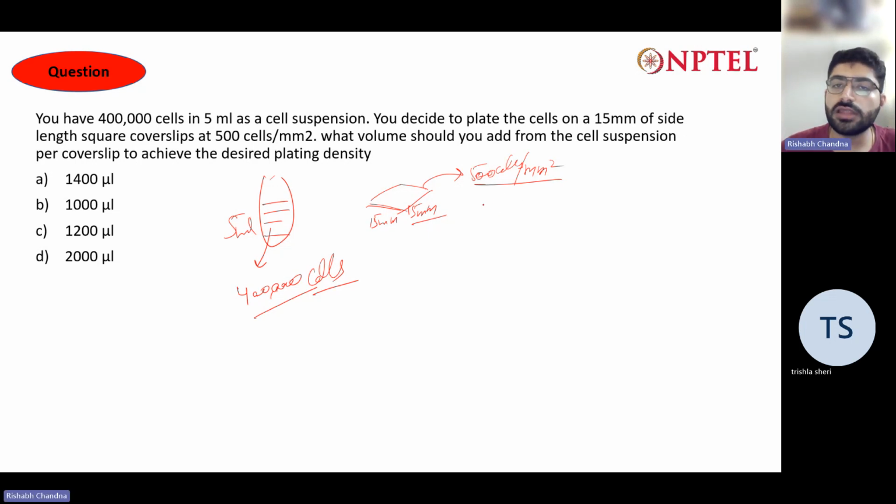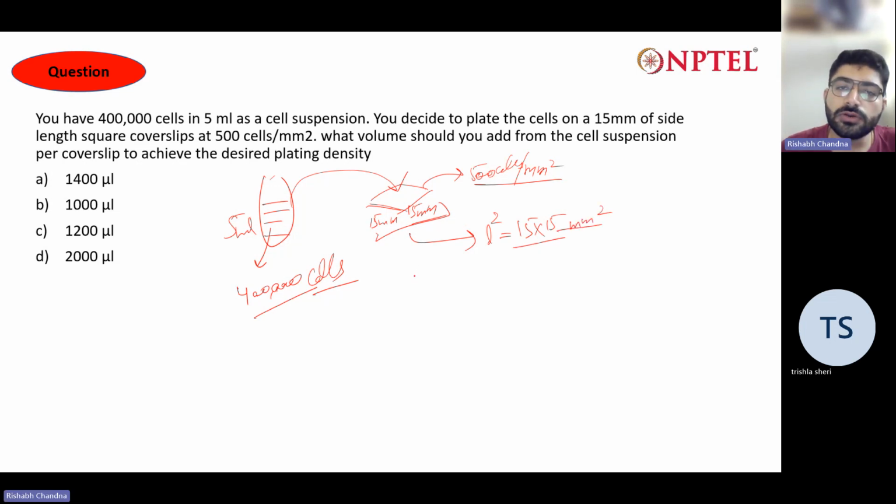So this is the scenario. From this, how can we calculate what volume of this suspension can be added to this particular cover slip? First we'll see how many cells we need in this particular area of the cover slip. The area of the cover slip, as it's a square cover slip, will be L square, so this is 15 into 15 millimeter square.